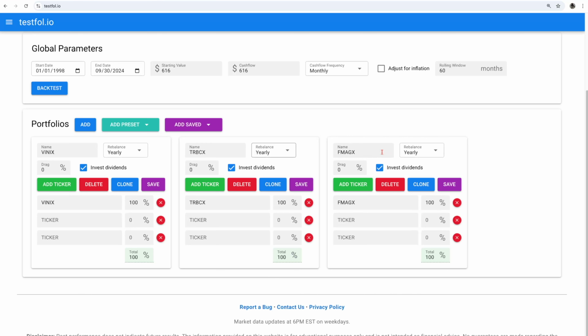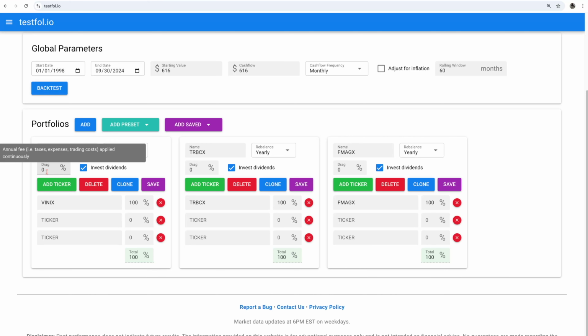Rebalance annually. In this case, it's irrelevant because I'm only comparing one fund. I'm not having multiple funds within a portfolio, but we'll go back to that after we're done with this single fund comparison. So what this is saying is I want to look at the performance of VINIX, the performance of TRBCX, the performance of FMAGX.